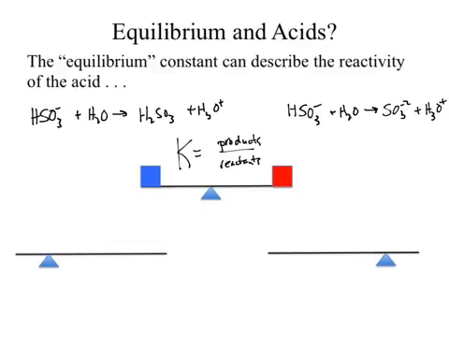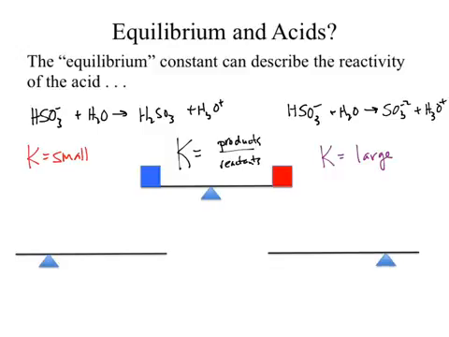For the equation on the left, that equation has a K value that is incredibly small. And for the one on the right, our K value is incredibly large.